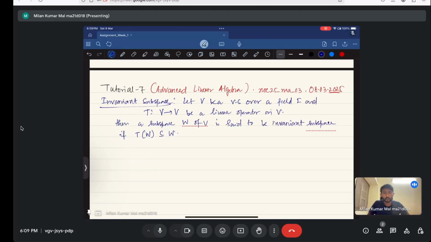Then W is said to be an invariant subspace corresponding to the linear operator T.